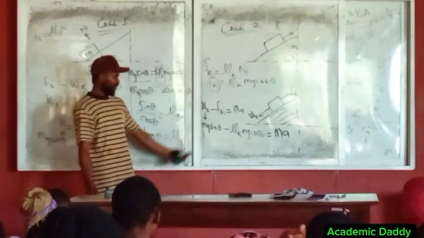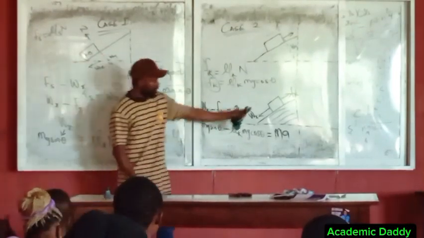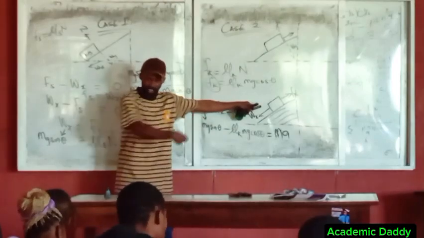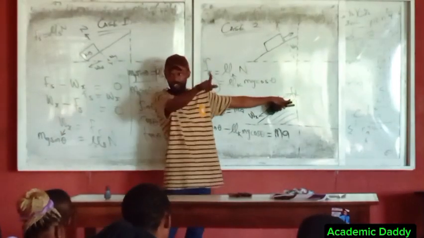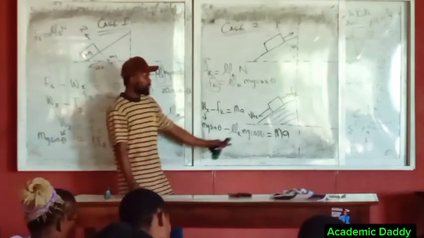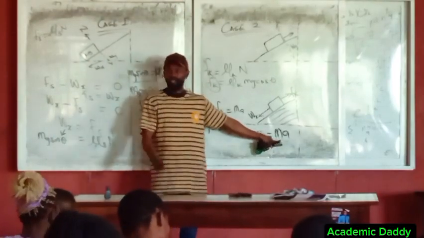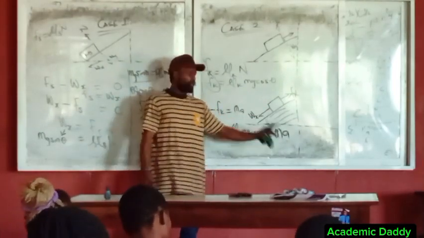If I'm to find the acceleration at this junction, I'll be able to analyze what is going on here. Wx always wants to come downwards, and since it's sliding downwards, it's coming downwards peacefully. And every force will be acting in this direction. That simply means that in that case, everything will be equal to ma, reason being that the mass of the body and the expression of movement, which is acceleration, will be there.